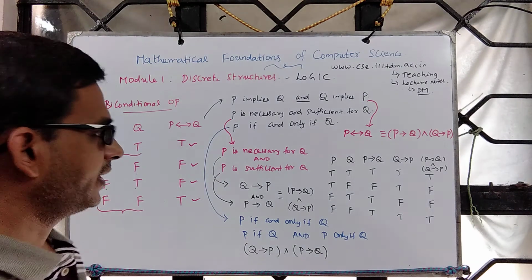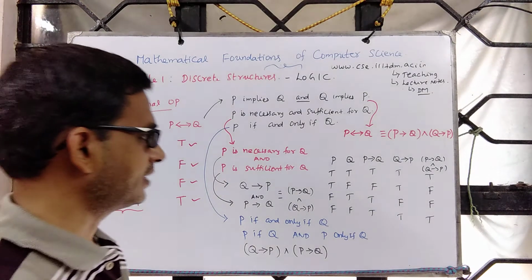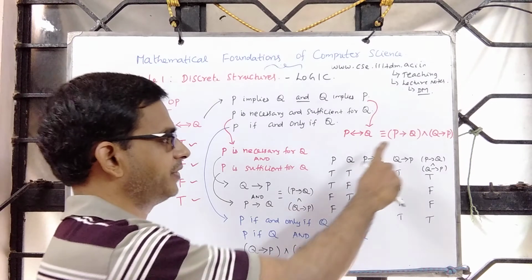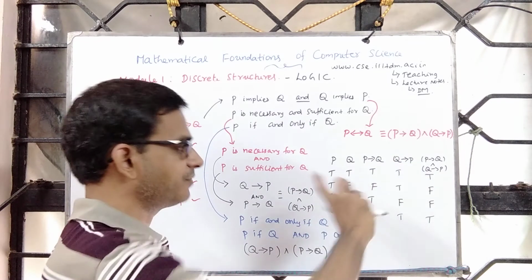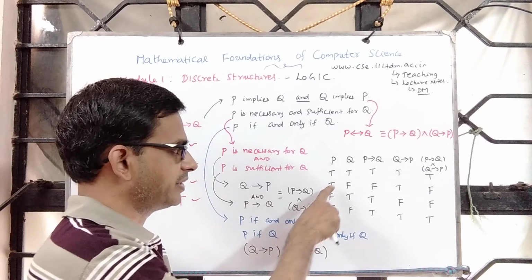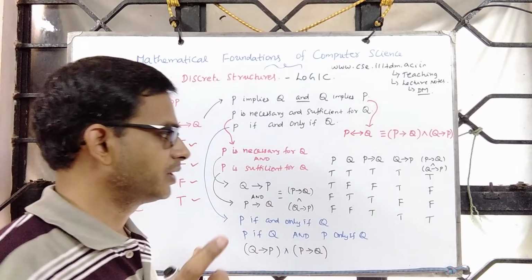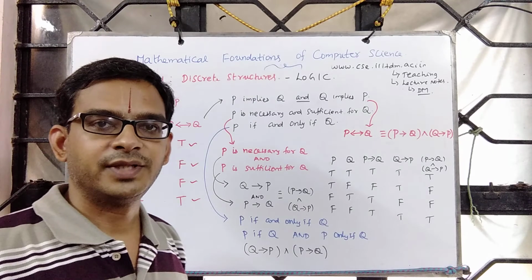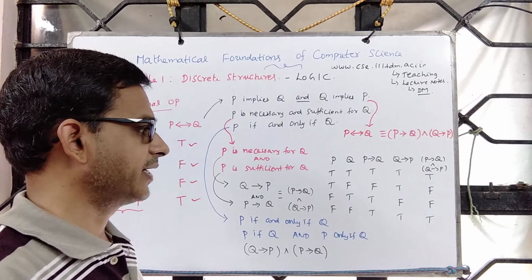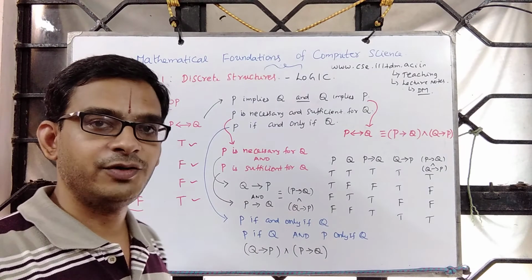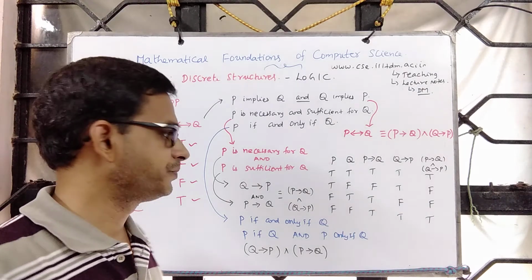And interestingly, P biconditional Q says you demand both that P is necessary and sufficient, which is why when both are true, the logical value is true, and when neither is true, you don't even look at the statement, but the truth value associated with the statement is still true.